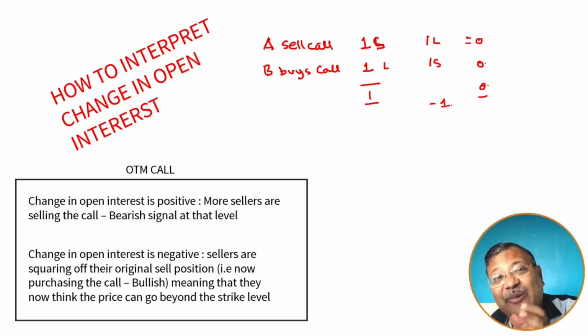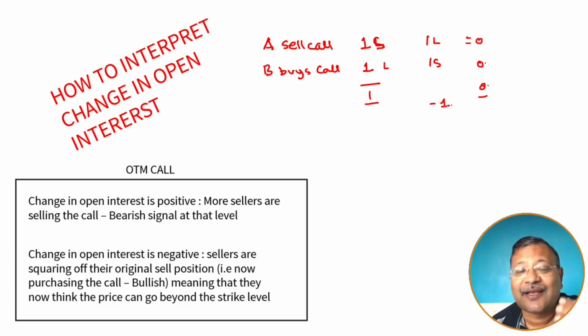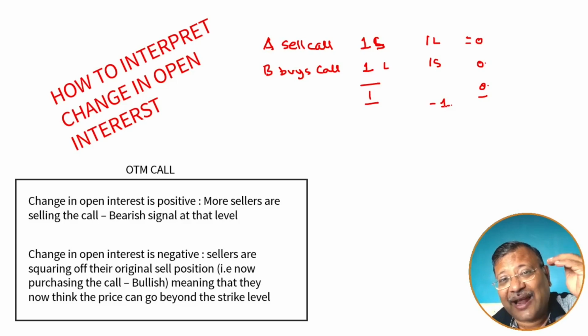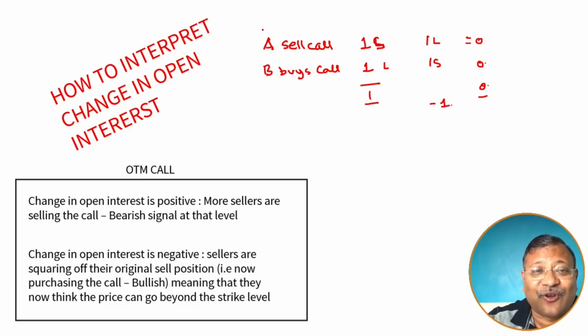Now this clearly tells you that people are squaring off their position. That means the original sellers of call are now squaring off, that is, buying the call now. Now remember, buying the call is bullish. So what does this indicate to you as a trader? That people who had originally thought that the price will not go above a certain point are now reversing their opinion, because remember, sellers of call are bearish.